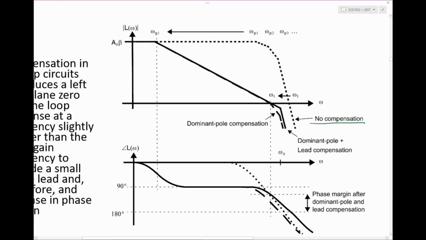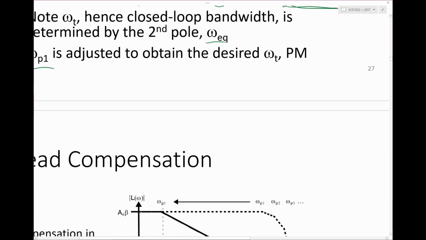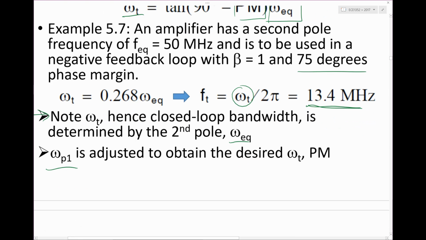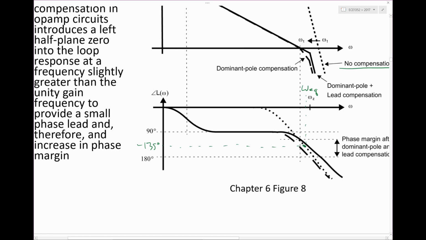You find the frequency where this is minus 135. You say, okay, that's my omega EQ. And I require, what was the example here? 75 degrees phase margin. So because of that, I've got to put omega T over here. I've got to take omega T and shift it down here.